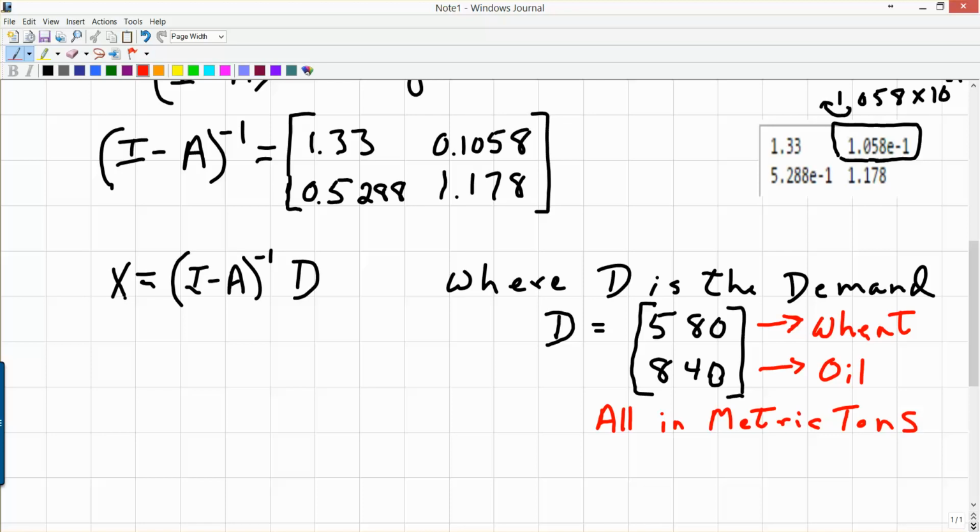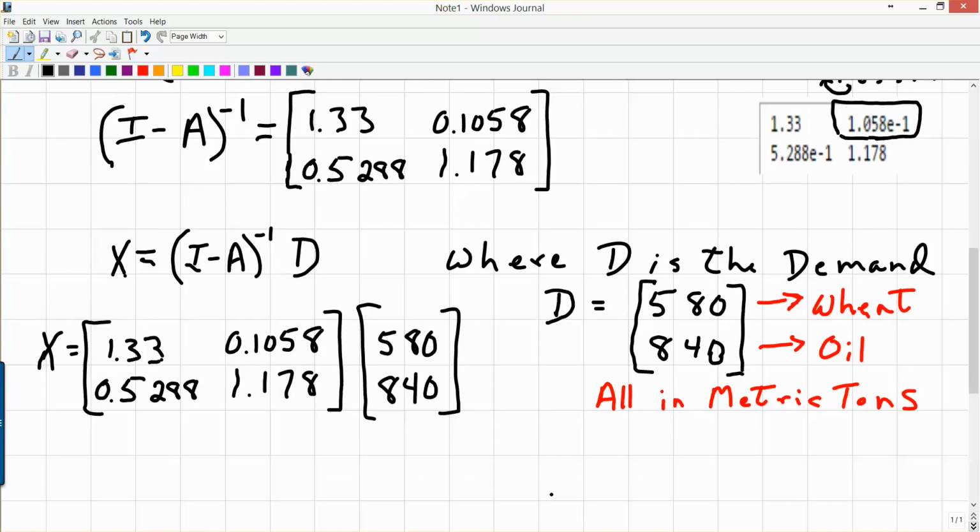So we'll write the product of the matrix. x is equal to the matrix I minus A inverse, with row 1 being 1.33 and 0.1058, and row 2 being 0.5288 and 1.178, and we're multiplying that by matrix D, our demand, which has row 1 of 580 and row 2 at 840.